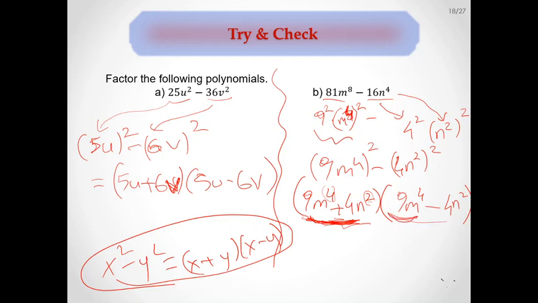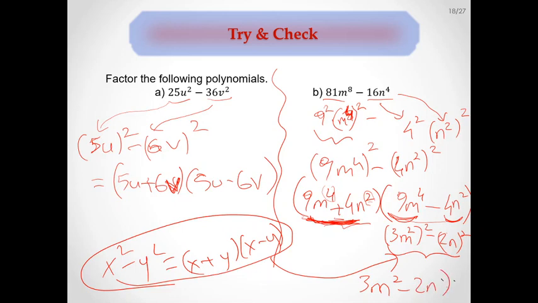If this is a square, so it's 3 squared m squared squared, and this is 2 squared n squared, so obviously this one is 3m squared squared, and this is 2n squared. So we can use this formula here again. So we'll end up with 3m squared minus 2n times, okay, let's write it this way.